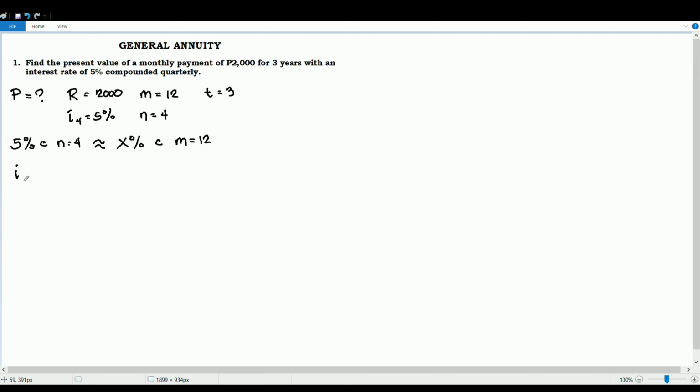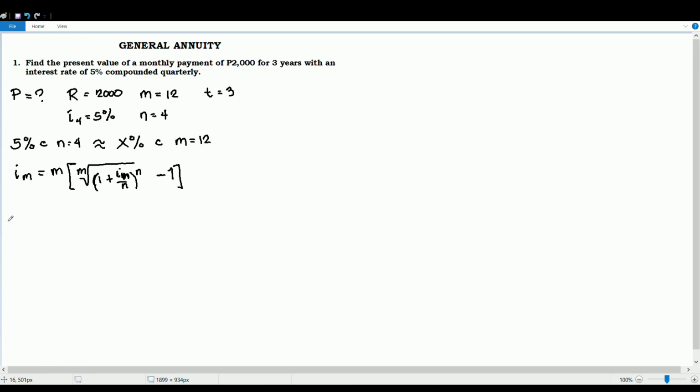The formula is i sub m equal to m times the mth root of 1 plus i sub n over n, raised to n, minus 1 outside the radical.